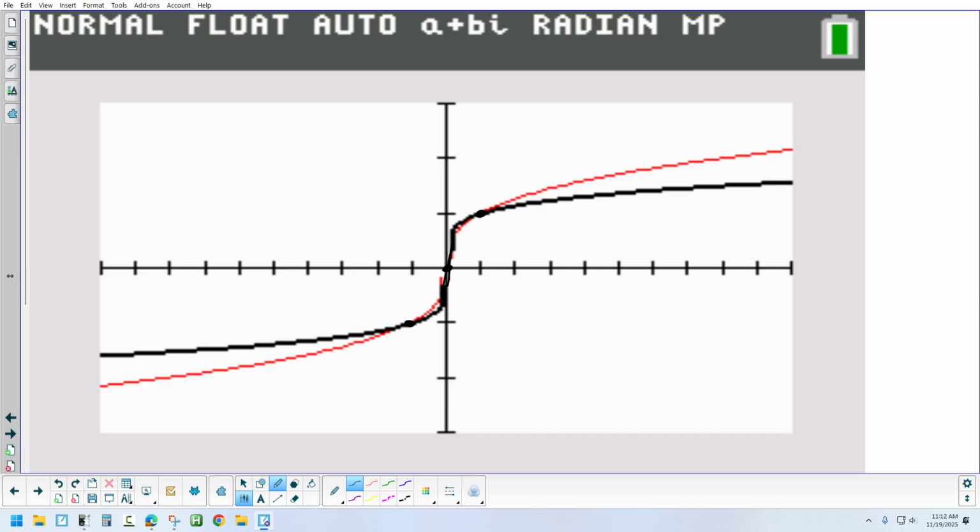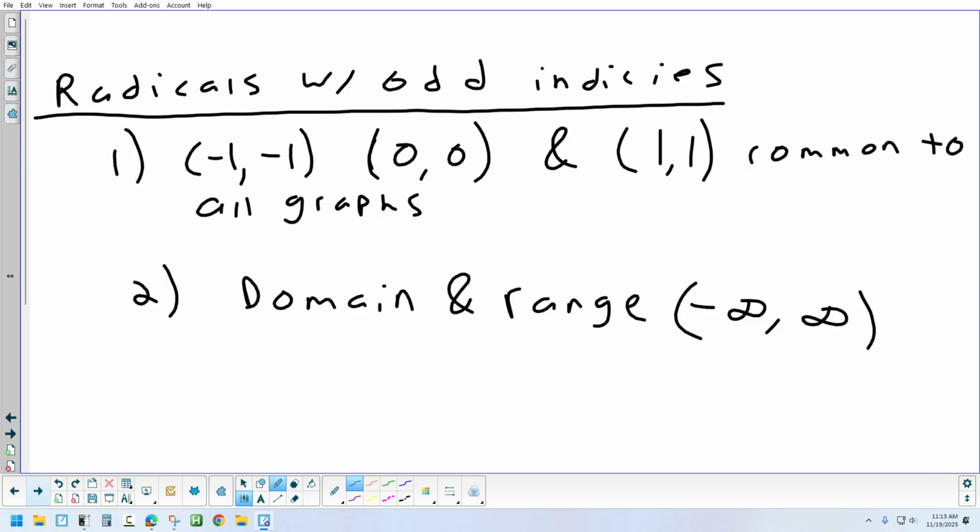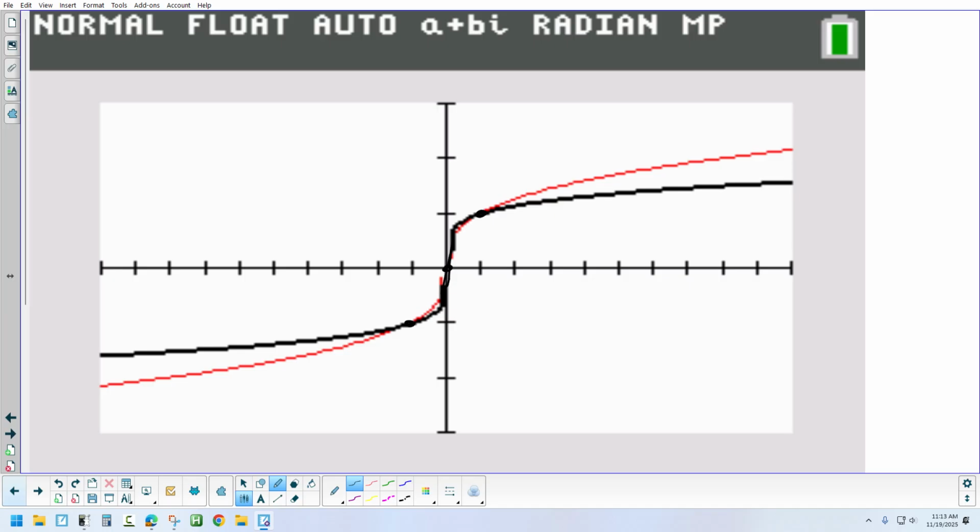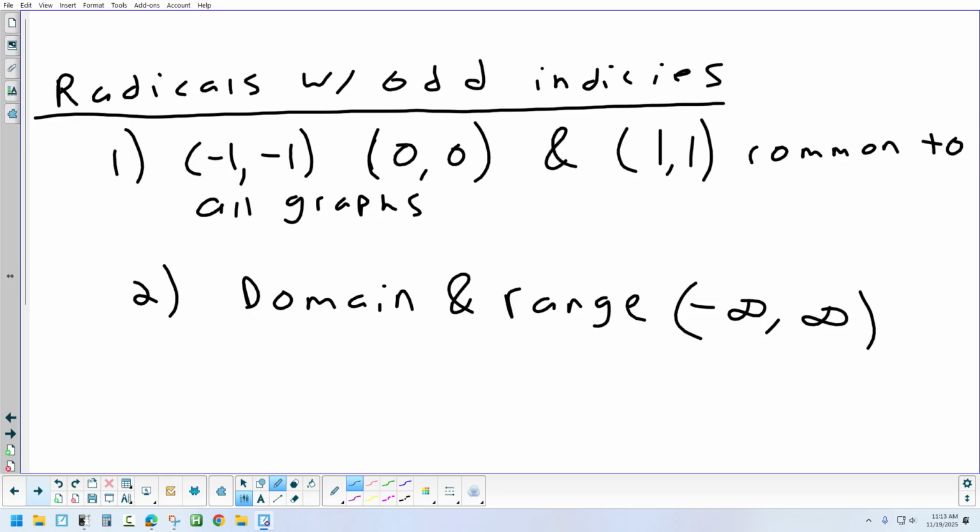So that's what we call just the basic function. It's not transformed. And another big difference we picked up on is the domain and the range. This time, the graph goes left and right forever, and it goes up and down forever. That's why when you're doing a cube root, you can take the cube root of any number you want: positives, negatives, or 0.